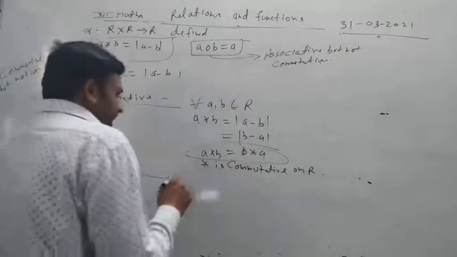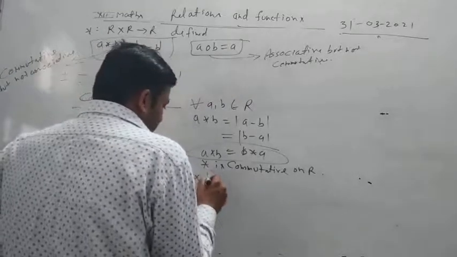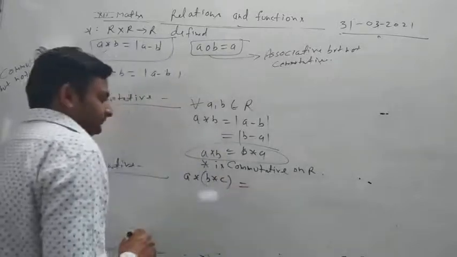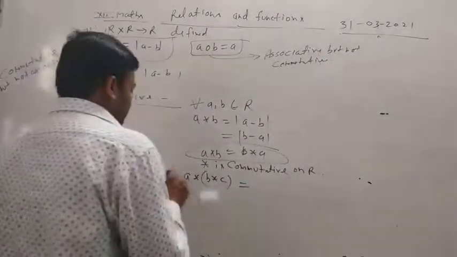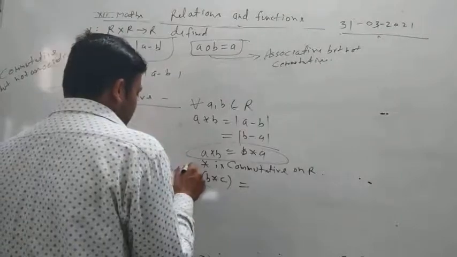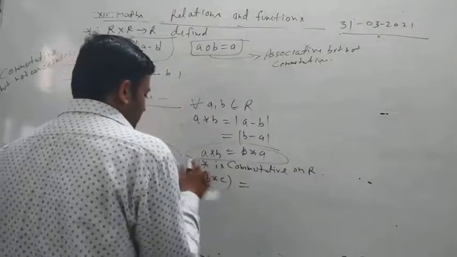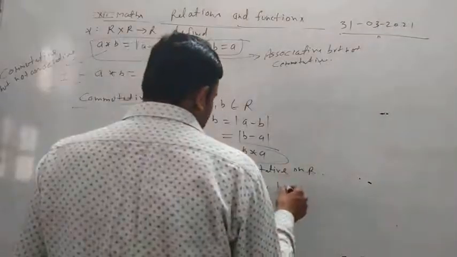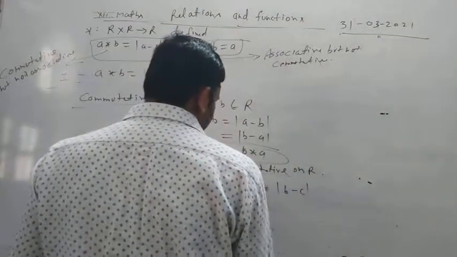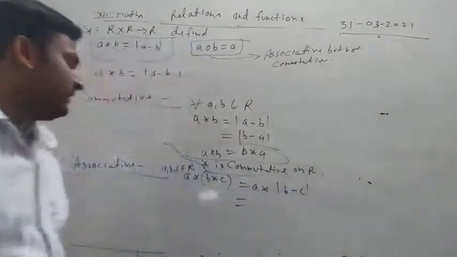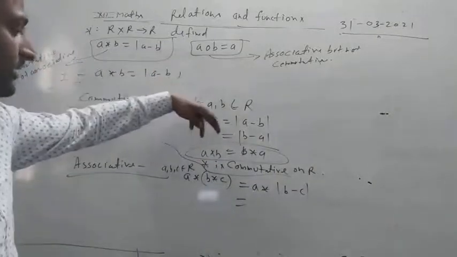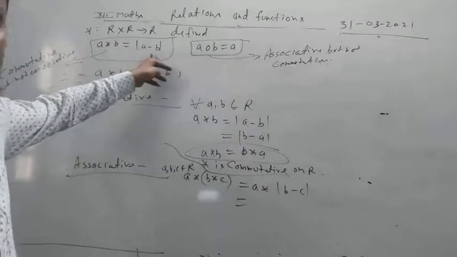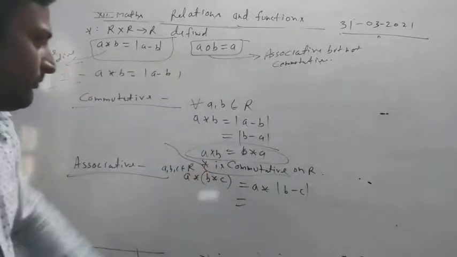So students, we take (a star b) star c, taking any a, b, c belonging to R. So we write a star, and this is mod b minus c, because a star b is defined by mod a minus b, so we write mod b minus c.